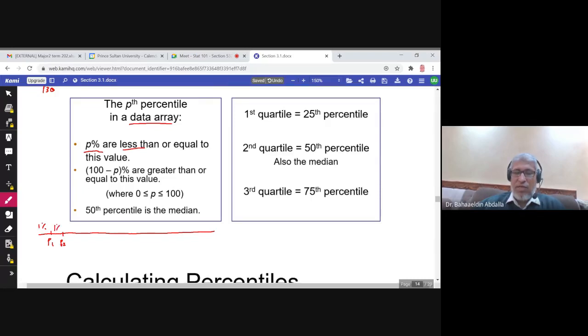So 1% between P1 and P2, and 1% to the left of P1. And 98% of the data lies to the right of P2. Then I have the third percentile. So 3% lies to the left of the third percentile, and 97% lies to the right.